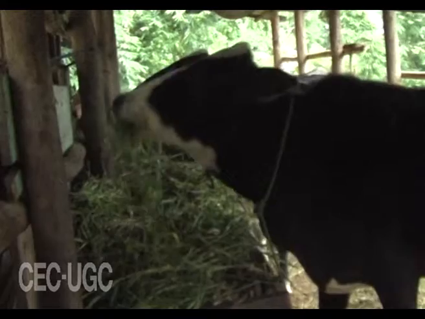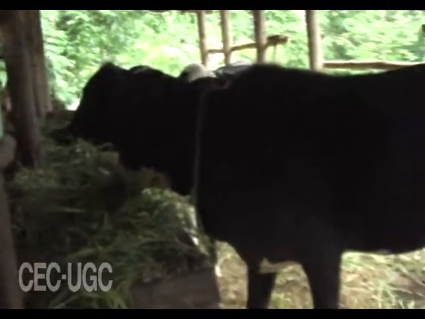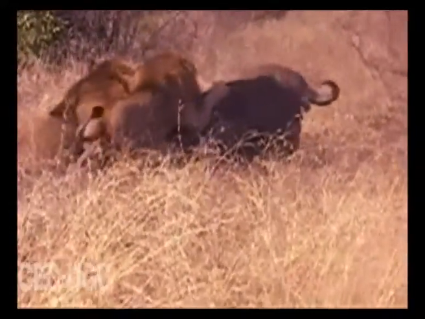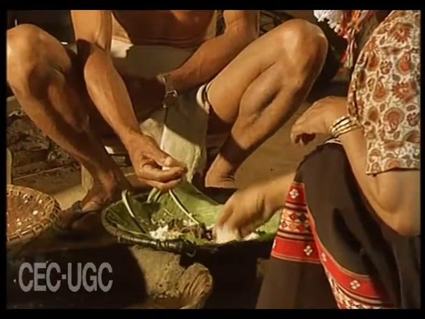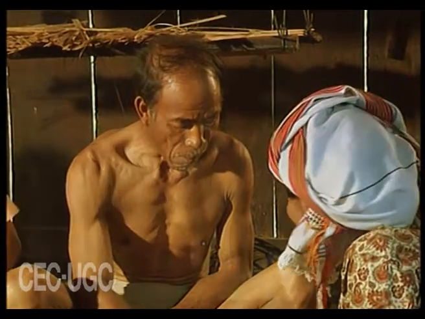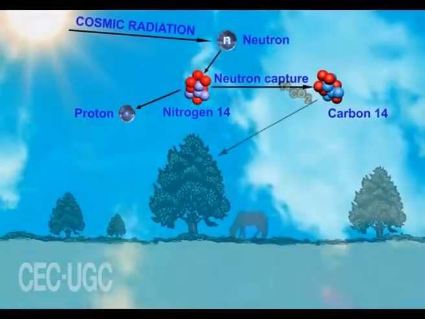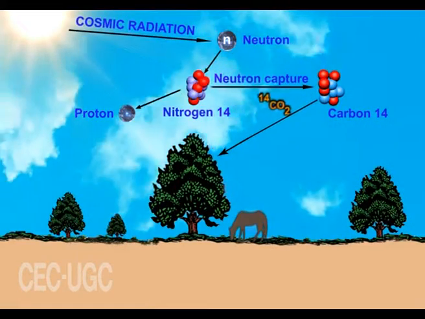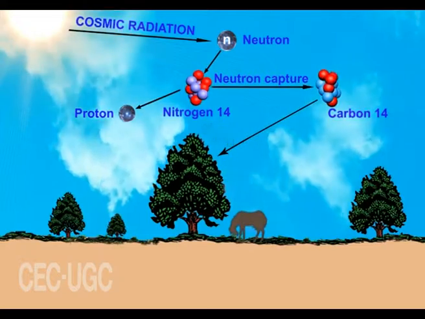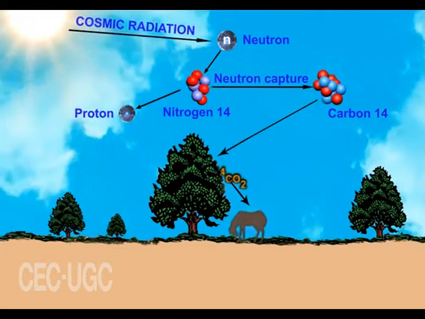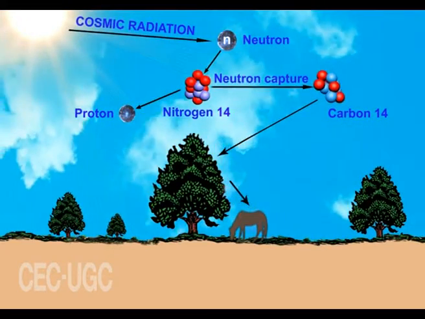Herbivores eat the plants and carnivores eat the herbivores, while men who are omnivores eat the plants, herbivores and carnivores. Thus, the C14 originally produced in the environment is equally distributed among all living things and maintained at a constant level till their death. As long as a matter is living, it continues to receive C12 and C14 atoms in a constant proportion.